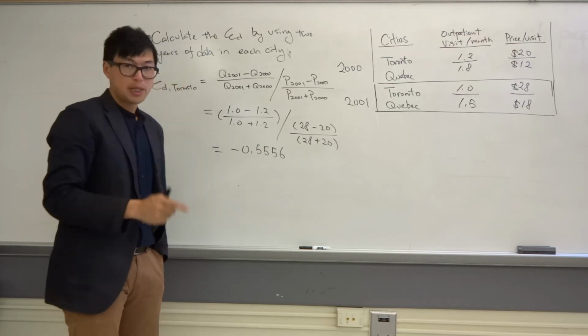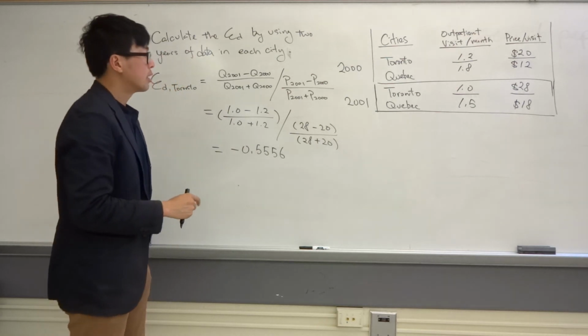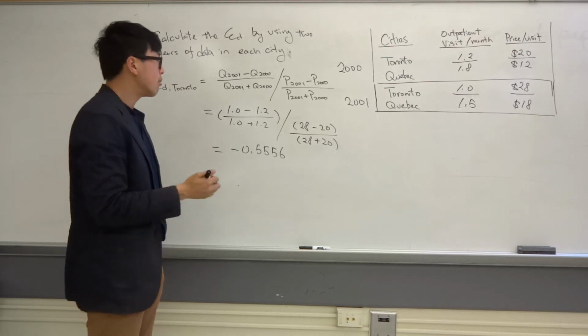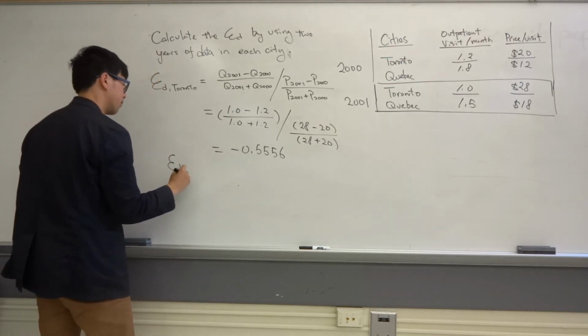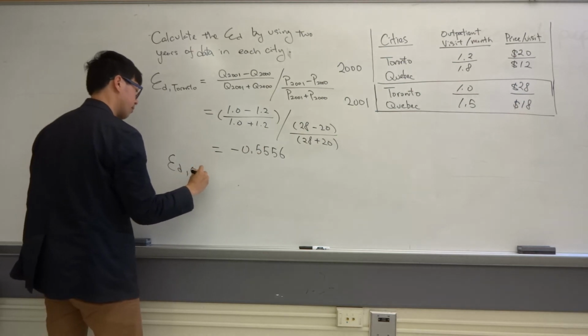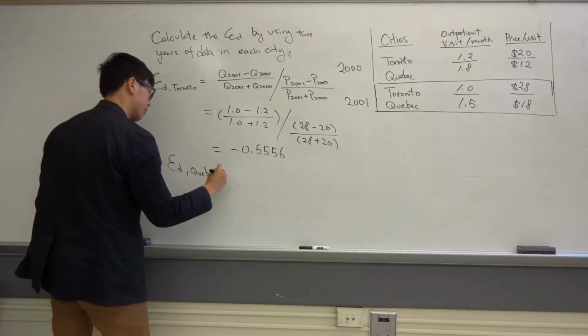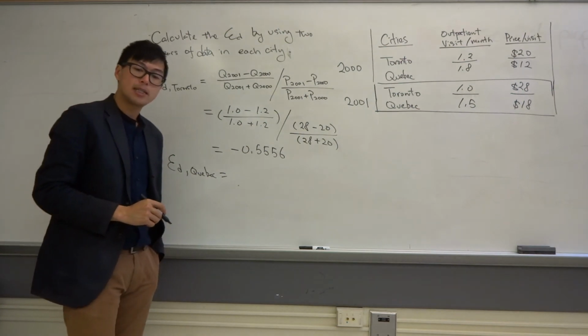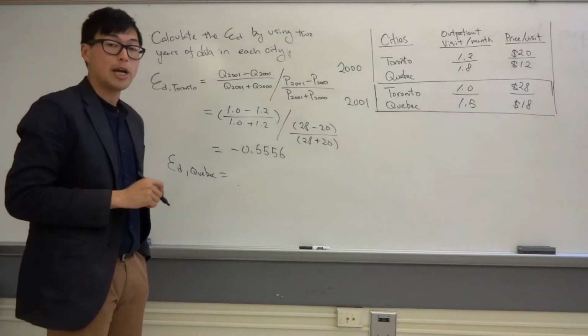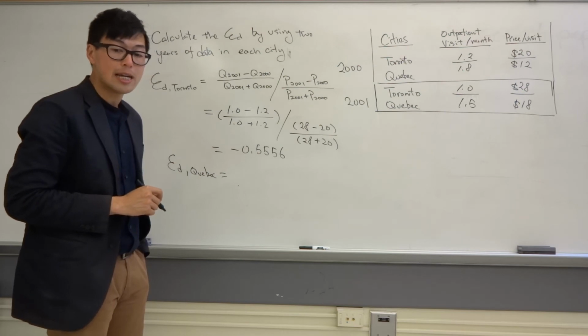You can repeat the same steps for Quebec, so you can calculate the elasticity of demand in Quebec. I'm not going to repeat the steps here. Instead, I'm going to give you the answer and let you check it yourself.